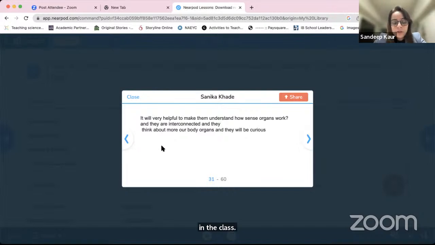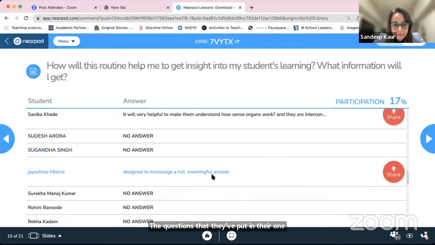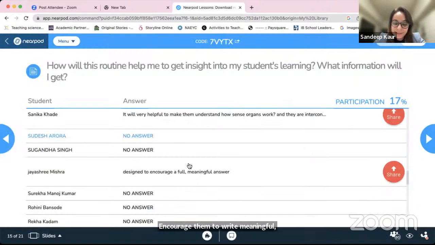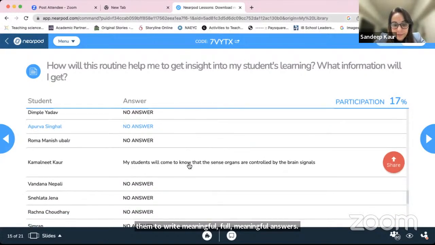All right, and also what they're curious about. Yes, the questions that they've put in their wonderings. Encourage them to write full, meaningful answers. Yes, you can push them to do that.